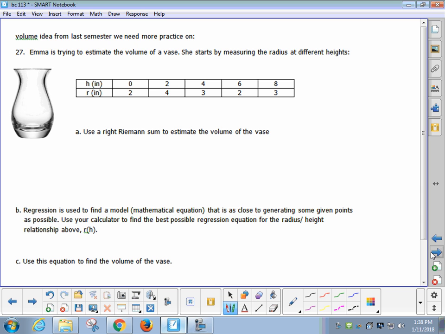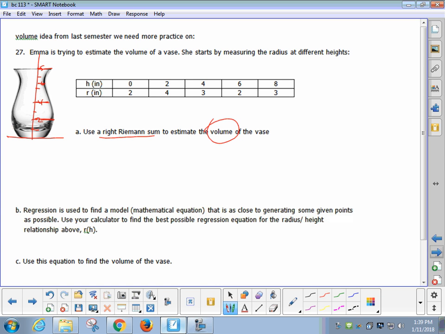Okay, last but not least, the old base problem. Some of you have the wrong idea. I understand you think right Riemann sum is always area, but it's not area. In this case, the problem is volume. So if you just thought of this as a Riemann sum of area, it's wrong. She estimated the volume by saying at 2, 4, 6, and 8, she measured the radius.